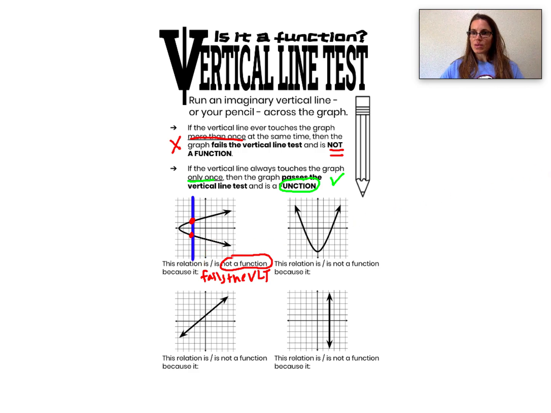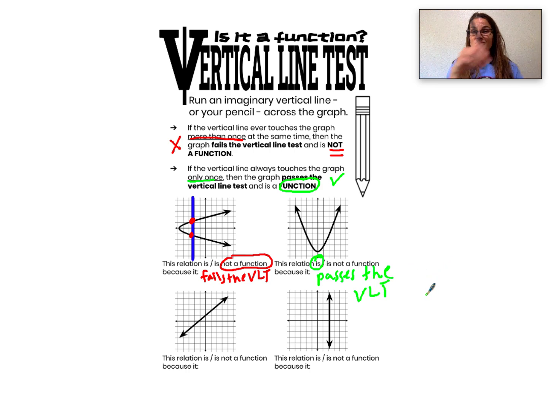Next example, we move our vertical line across the graph. There's never a place that a vertical line would intersect the graph more than once. So this is a function because it passes the vertical line test, which I'm writing as VLT.